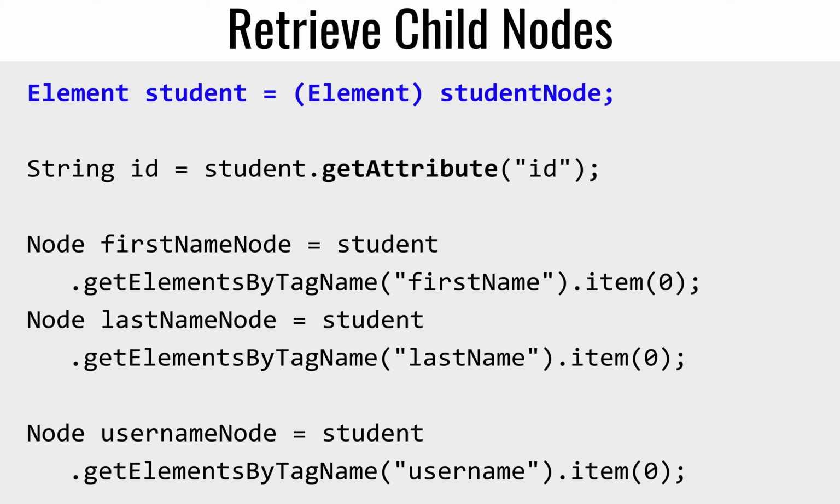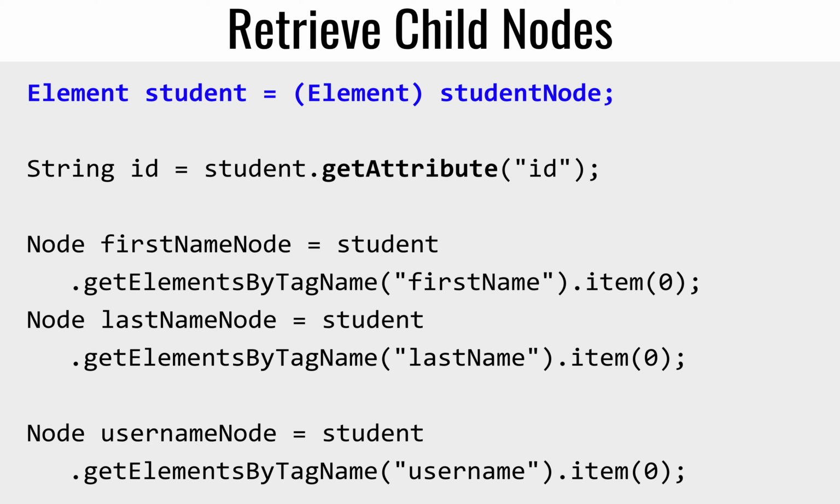So for instance, you can get elements by tag name. Again, this get elements by tag name is fairly powerful. It can navigate the entire tree under us, looking for elements of a particular name. In this case, we're looking for the elements whose name is first name, last name, and username.